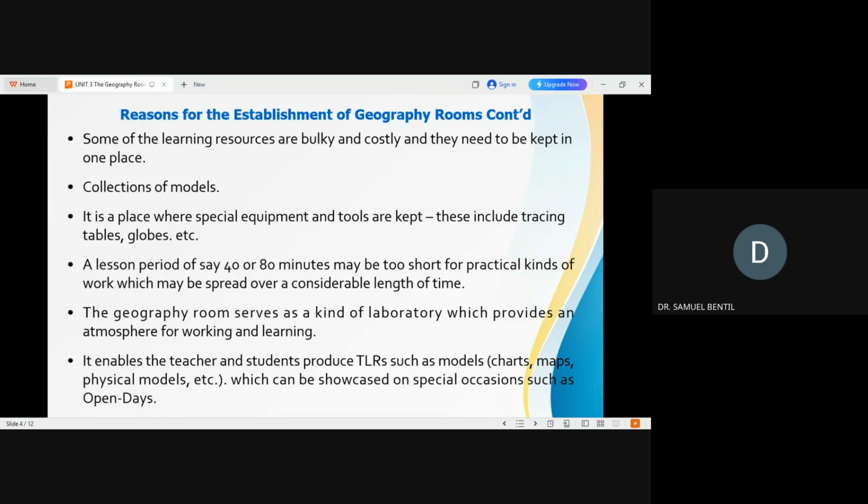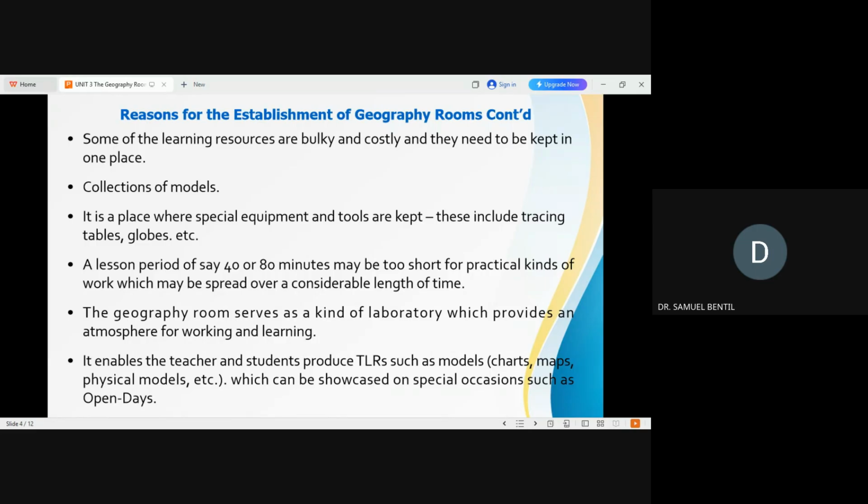It is also a place where special equipment and tools are kept. Like we said, there is certain equipment that is so special to geography that you cannot keep it anywhere. For example, tracing tables, globes, and all these things. Tracing tables are used for student works.